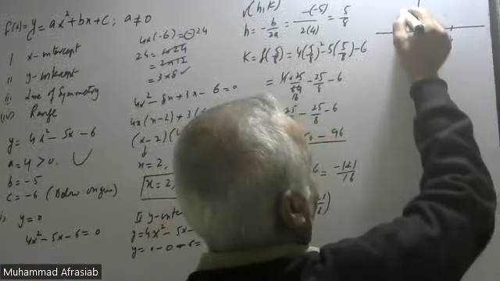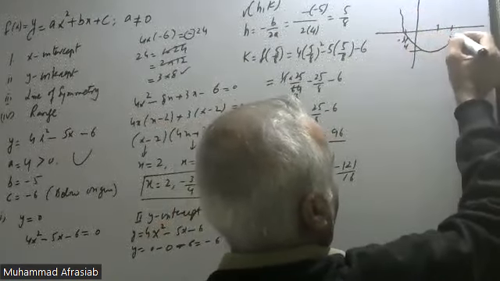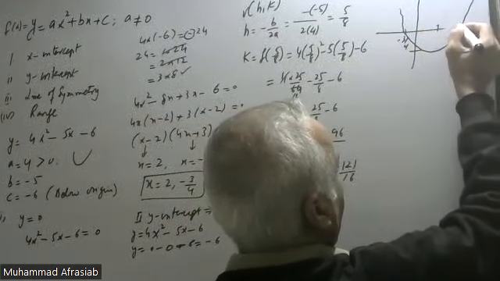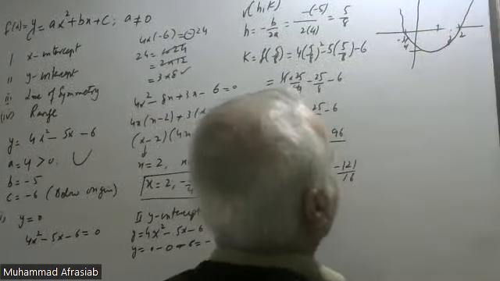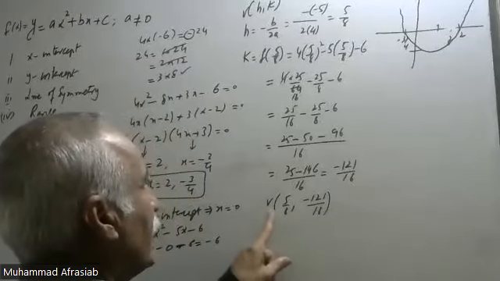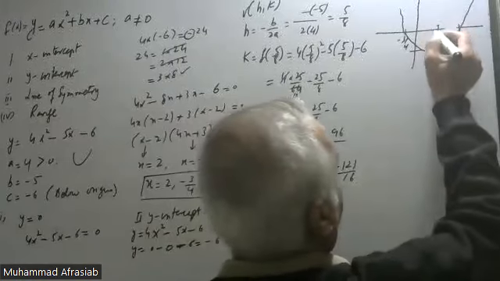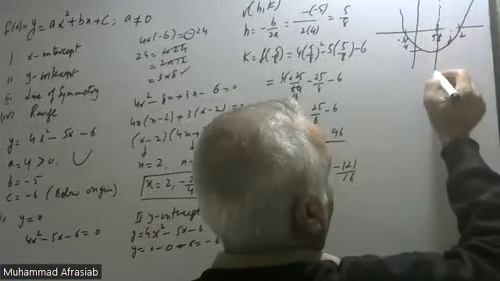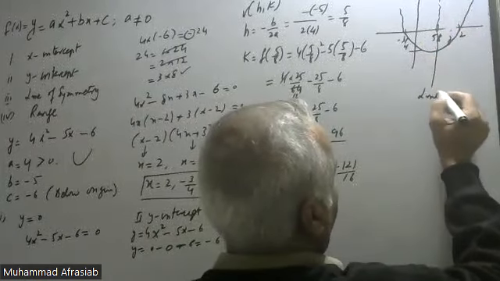So the graph of this would be like this. Since the vertex is at 5 over 8, this is the line of symmetry for this part.